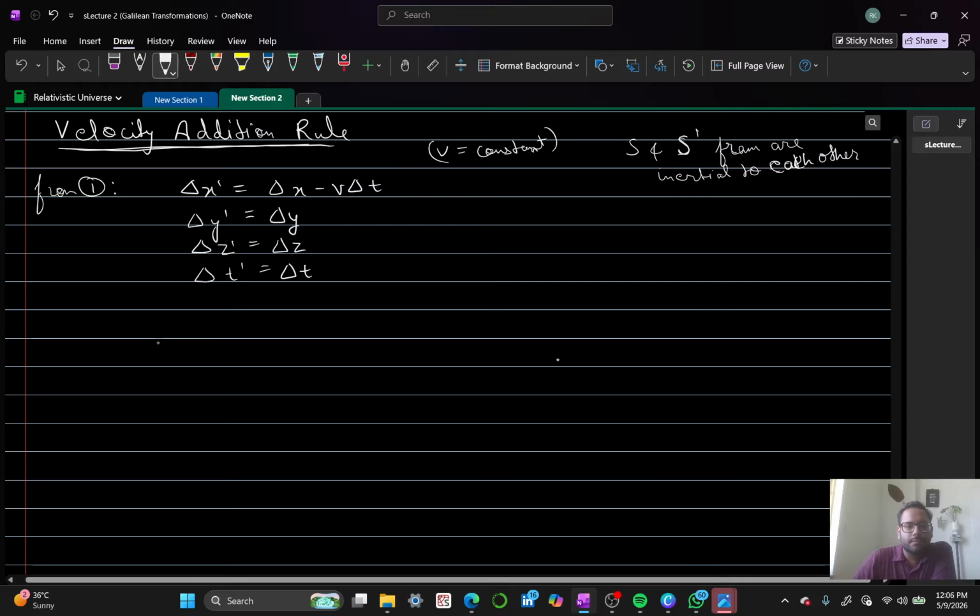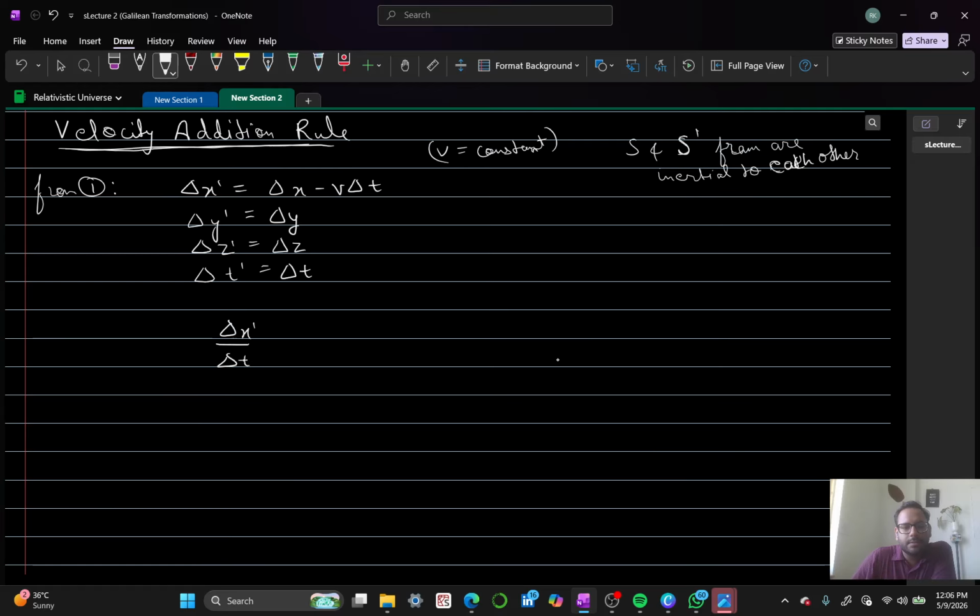So you can quickly write the velocity form by dividing. This is my u x prime. What will it be? Delta t prime, and by the absoluteness of simultaneity, this is 1, of course, and this is delta t.